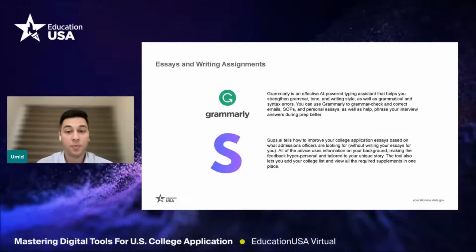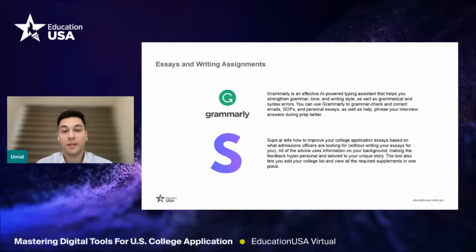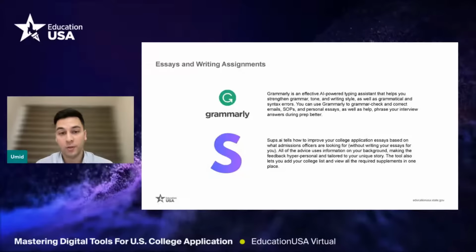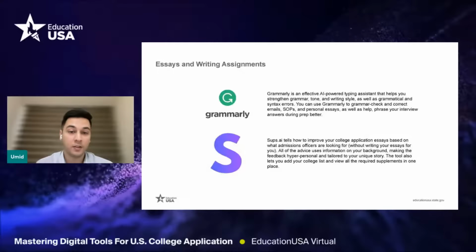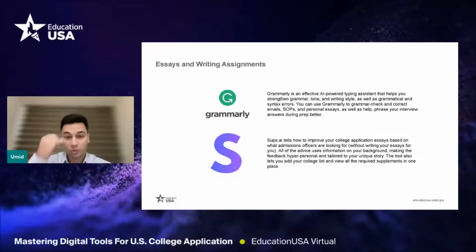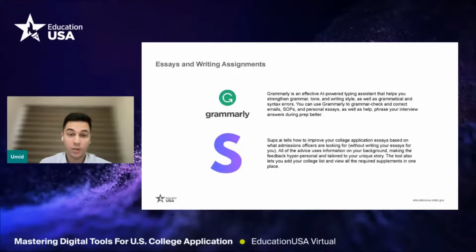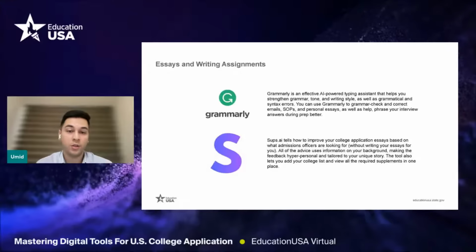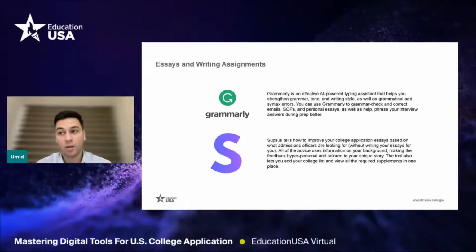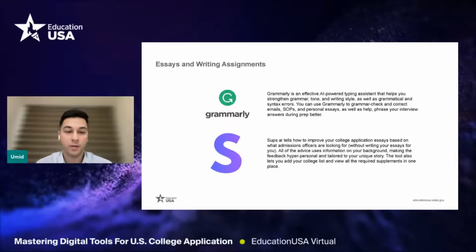It is an effective AI-powered typing assistant that helps you strengthen your grammar, tone, and writing style, as well as fix grammatical and syntax errors. You can use Grammarly to check and correct emails, statements of purpose, and personal essays, as well as help you phrase your answers during interview prep.